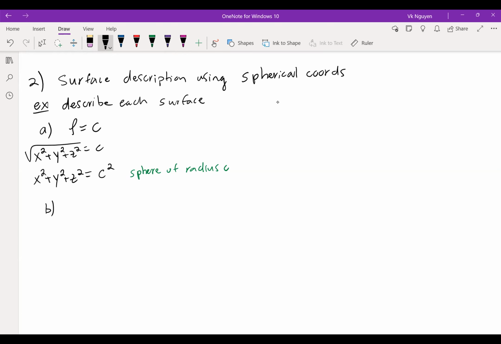Okay. So here comes B. What happens if we have the angle theta to be some number C here?